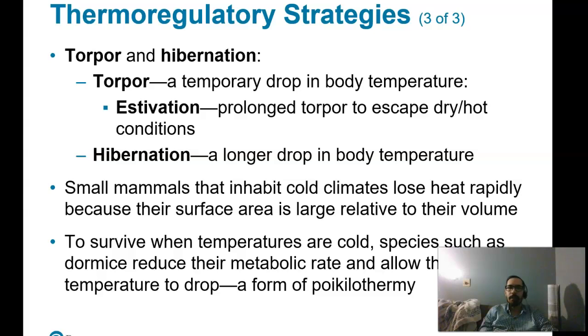If the temperature drops too low in the room that they're kept in, it'll go into torpor for a little while. But then when it warms up again, it'll come out of it. Hibernation is a very prolonged period where the animal is inactive. And then estivation is just a prolonged torpor that's used to escape dry or hot conditions.